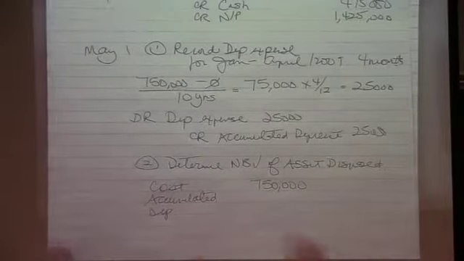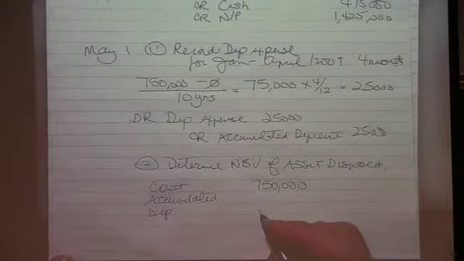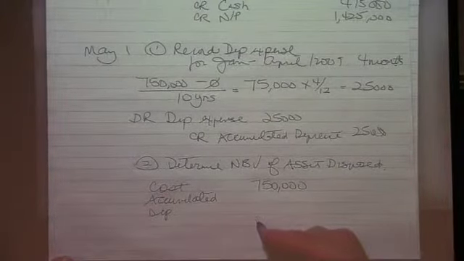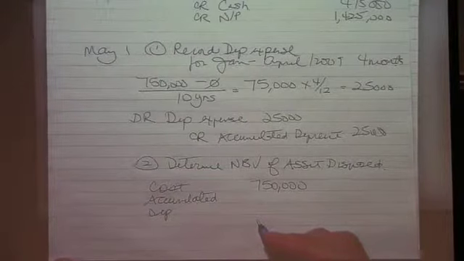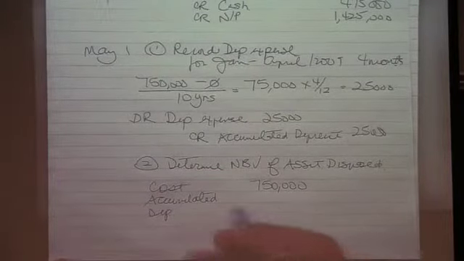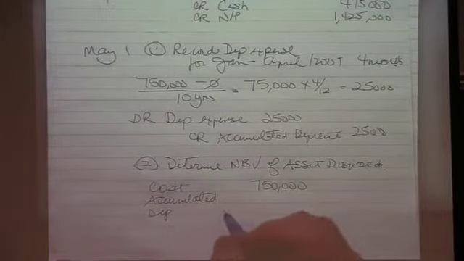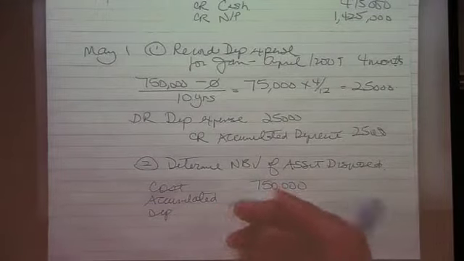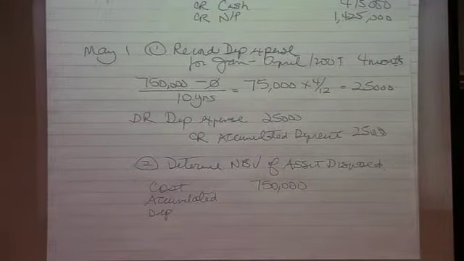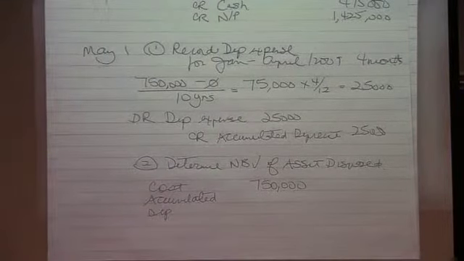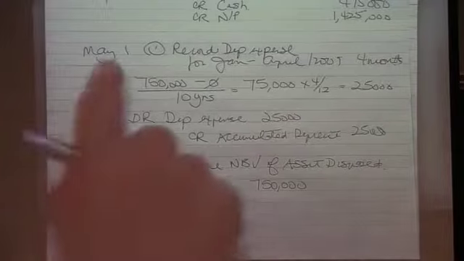Well, we know the accumulated depreciation for the equipment, how many years? We bought this on January 1st, 2005, so 5, 6, 7, 8. That's 4 years up to December 31st, 2008, plus the May.